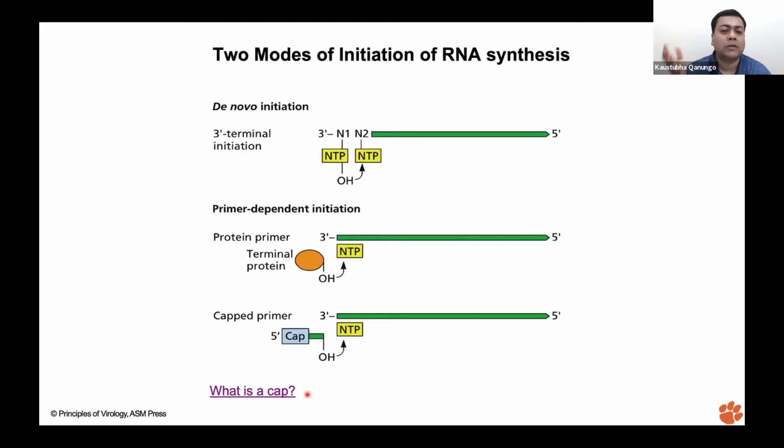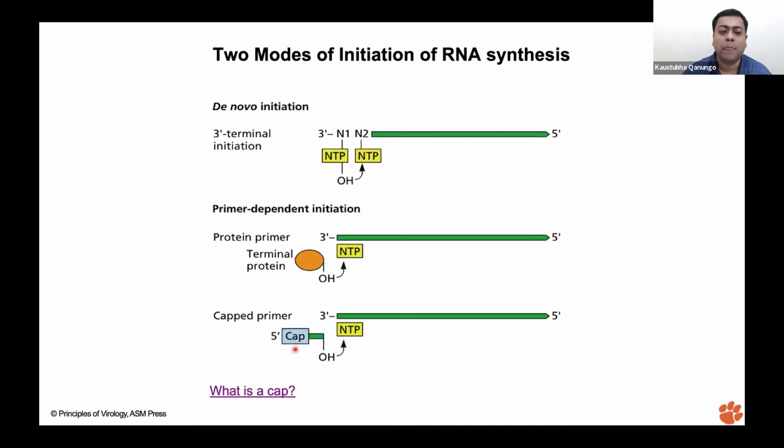It may be too much to take right now, and it is not needed. You can just follow this link and take a look at the cap, just an overview of what it is. So just think here that the cap is a special modification at the 5' end.